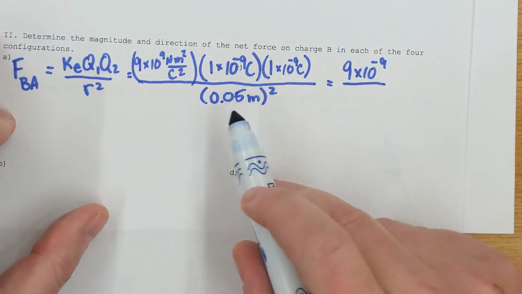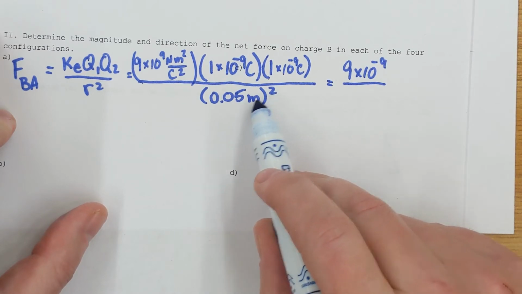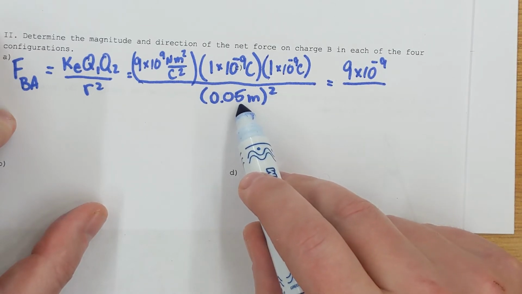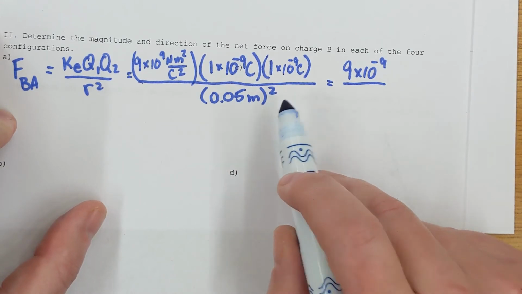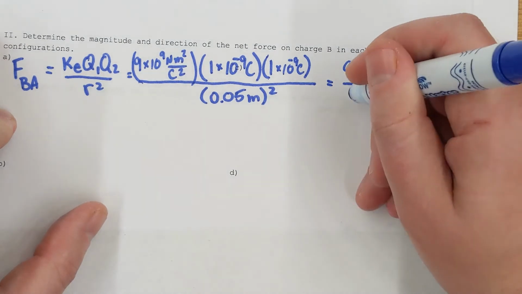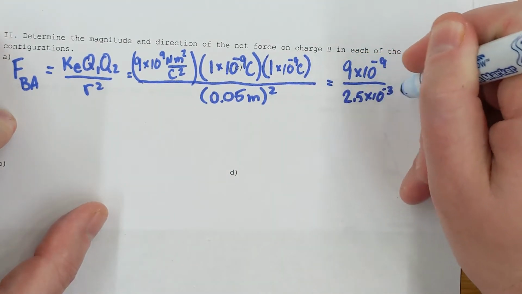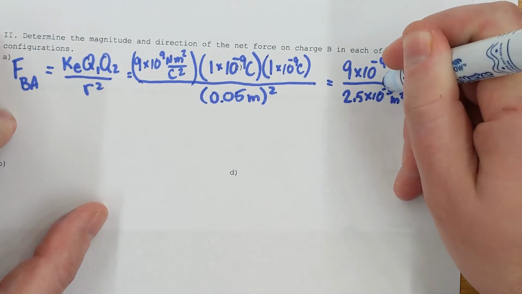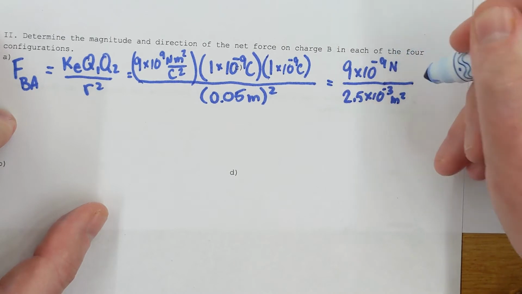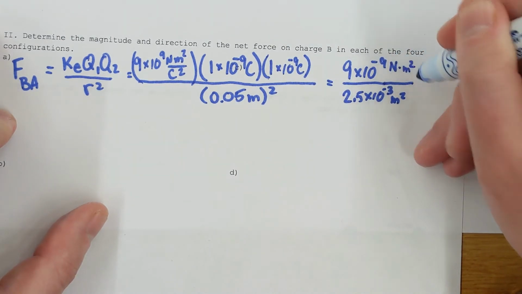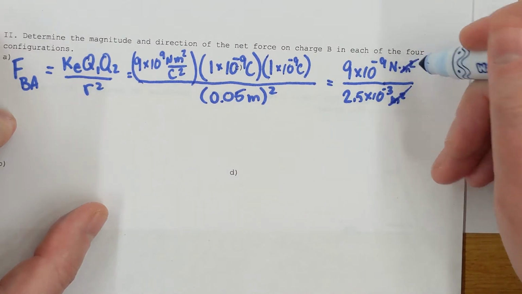My denominator is 5 times 10 to the minus 2, squared. So that is 5 squared times 10 to the minus 2 squared, which is 25 times 10 to the minus 4, or 2.5 times 10 to the minus 3 meters squared. What are the units in my numerator? They are newtons times meters squared, because I've canceled out my coulombs. So now I'm going to cancel out my meters as well.